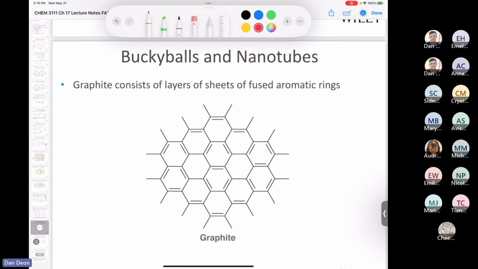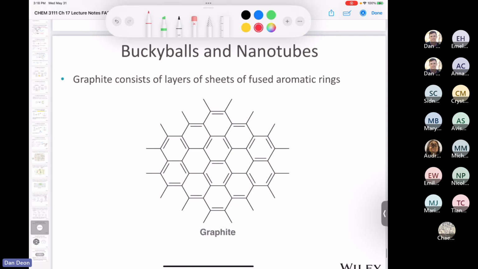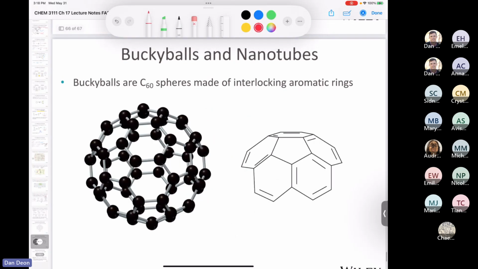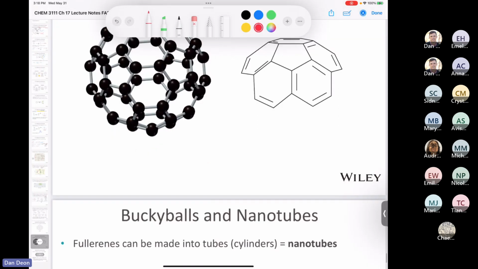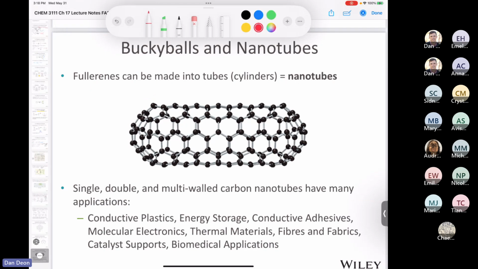If you were to make a molecular model of a soccer ball using carbon atoms, you get Buckminsterfullerene, which is carbon 60. I'll leave that section as an FYI, and also the section about nanotubes, which have a wide variety of uses, but I don't feel qualified to go into a lot of detail. You can just read the textbook, and I won't test you about nanotubes or Buckminsterfullerene.